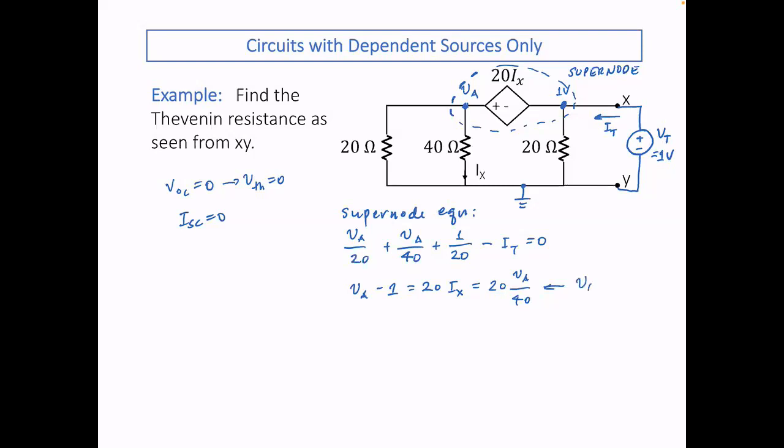So V of A will be equal to 2 volts. Okay. Let me just check my notes. Yeah, V of A is equal to 2 volts.